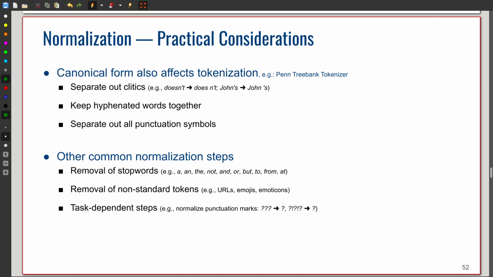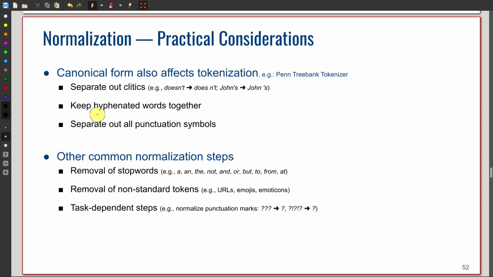Finally, there are some practical considerations of normalization. The canonical form also affects the tokenization, so there's some back and forth between tokenization and normalization. For example, when we separate out clitics, for example, doesn't to does and not here, this affects the way we're going to canonicalize.